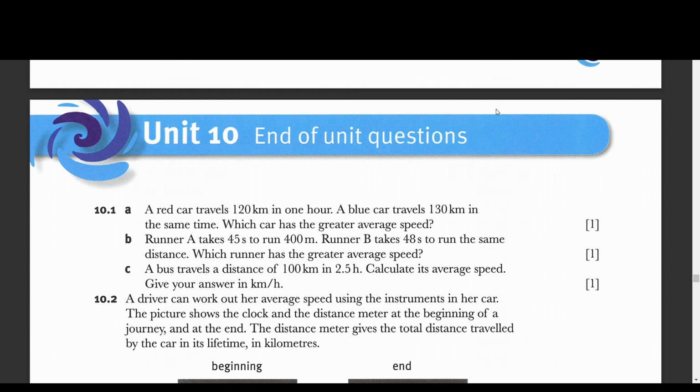This is a really easy question. You know that speed is equivalent to distance upon time.